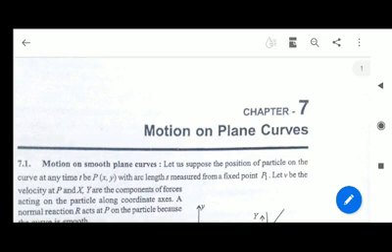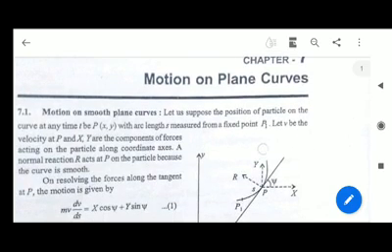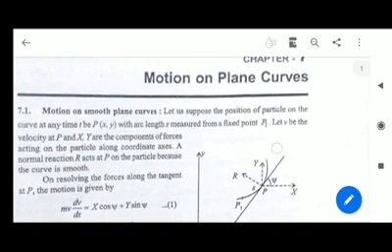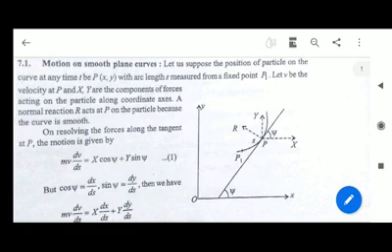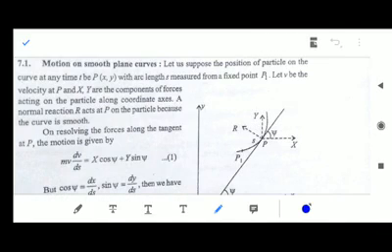Now let us suppose that the position of a particle on a curve at any time t be P. This is point P, with the arc length S measured from a fixed point P1.